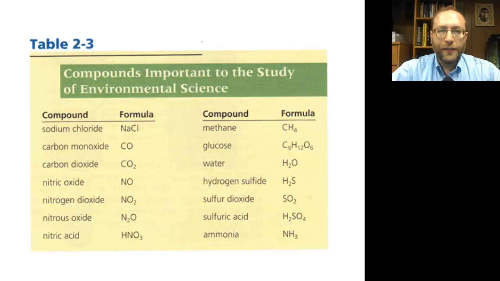Chlorine is a poisonous gas. Put the two together, sodium chloride, it's table salt, and we frequently eat it. So we have 2 things that would be deadly to us, put together, and it's something that's commonly found in our food. So the properties of the compound are very different from their component atoms, and they're in fixed proportion. The compound has equal proportions, 1:1, of sodium to chlorine.